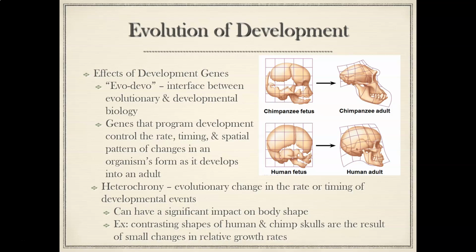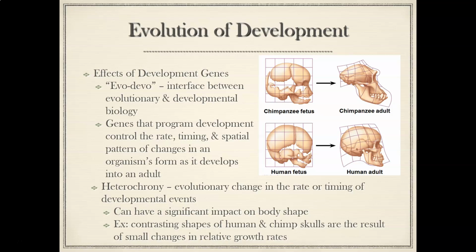The jaw muscles in a chimp are much stronger, much thicker, and as a result, force the closure of their soft spots, those fontanelles, in young chimps much earlier on in development, whereas in humans it's not quite so strong, and as a result, allowed for those soft spots to stay open longer.